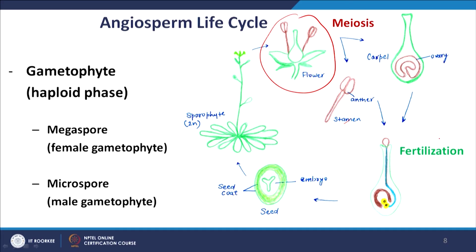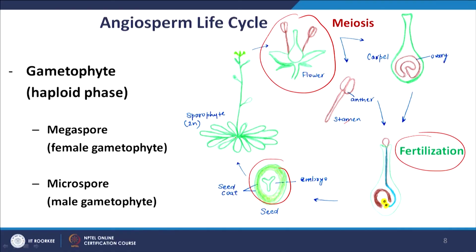When they undergo the process of fertilization, they make a seed which contains an embryo, and the seed has all the information, all the basic body plan, in the embryo, and when we take the seeds and germinate them, they make the complete plant.